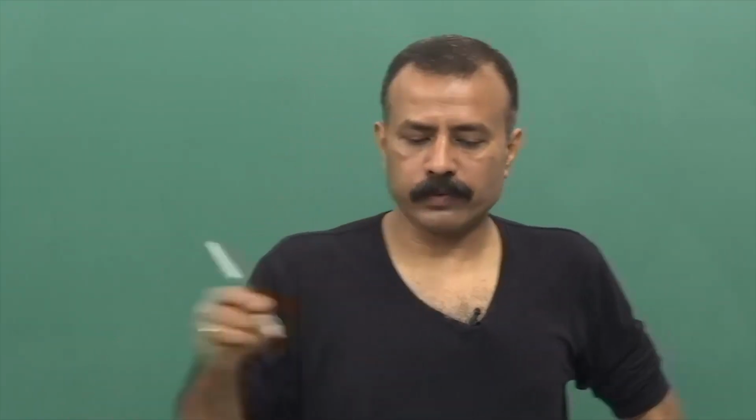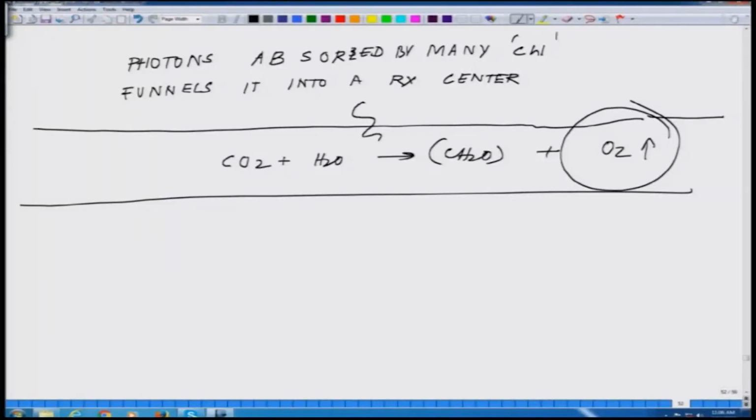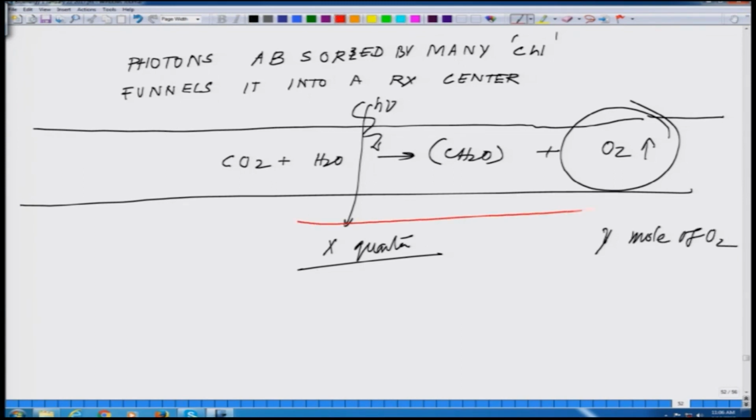Let us add one more thing into it: light. If I give x quanta of light, then what is the y mole of oxygen evolved? This is how photosynthetic efficiency is determined.